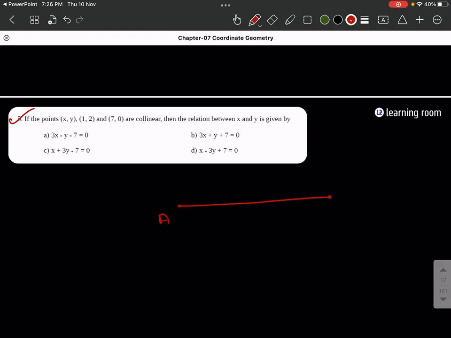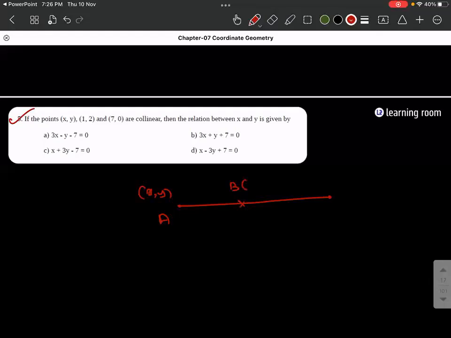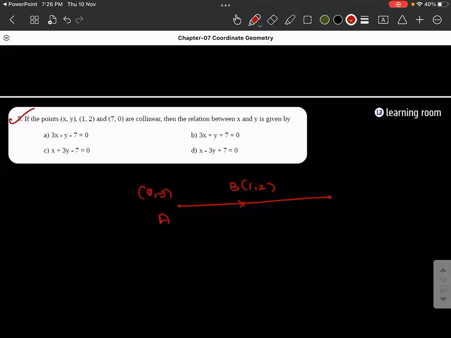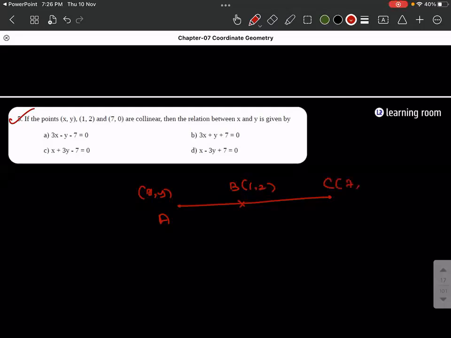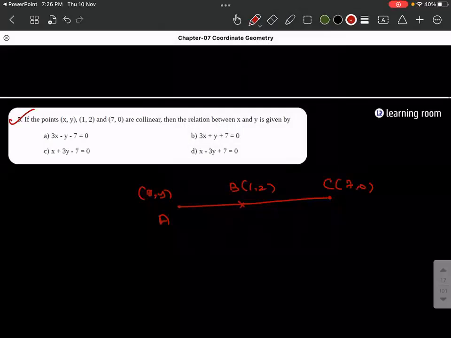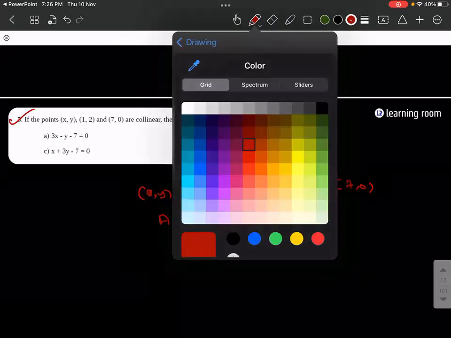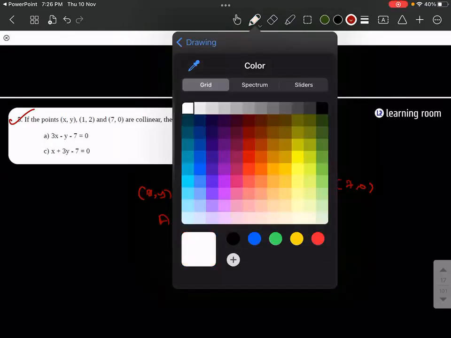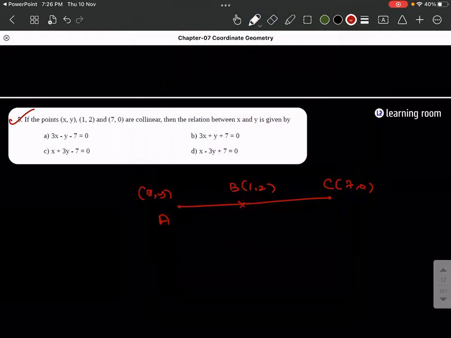Okay, A is x comma y, B is 1 comma 2, C is 7 comma 0. You want to take it like this, then k is to 1. I'm not sure about that.